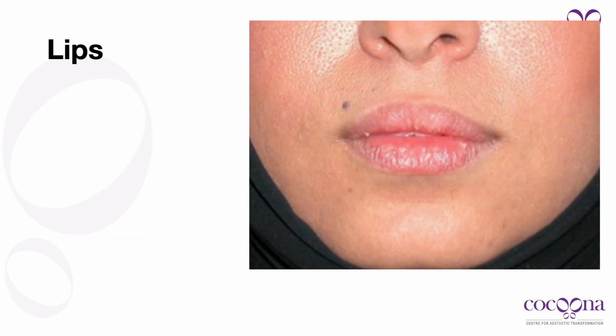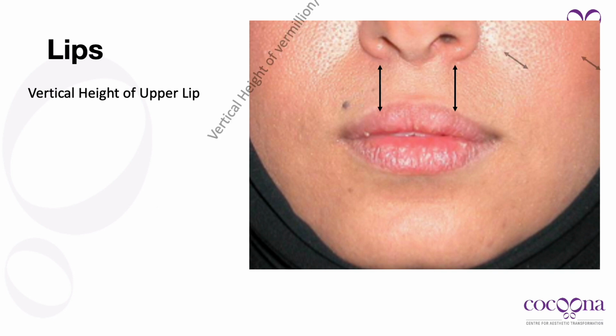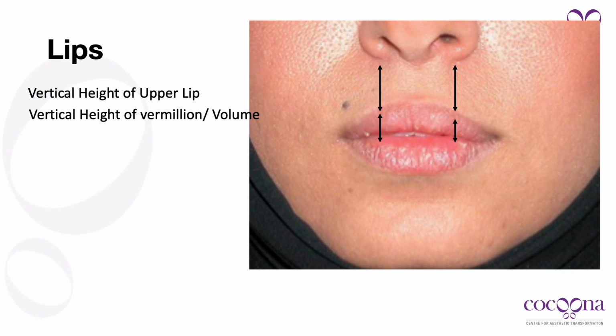So let's say this example, you see the vertical height of the lip on each side of the midline. This often tells you the length of the upper lip and also if there is any asymmetry in the upper lip. Then you look at the vertical height of the vermilion or the volume of the lip. Again, it will also show you asymmetries in the upper lip or the lower lip as well.